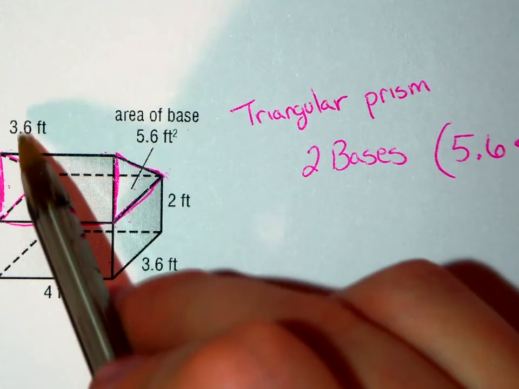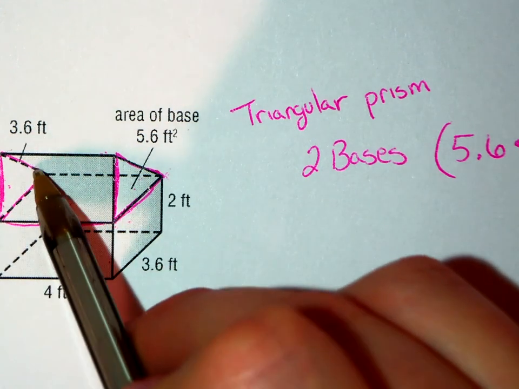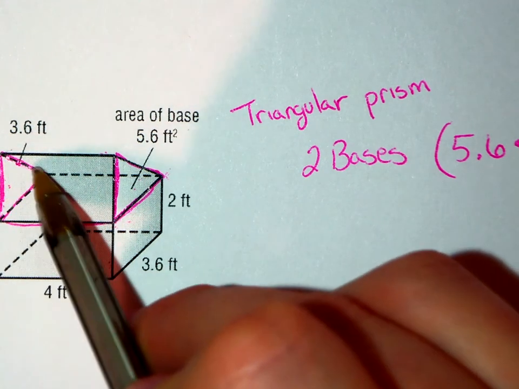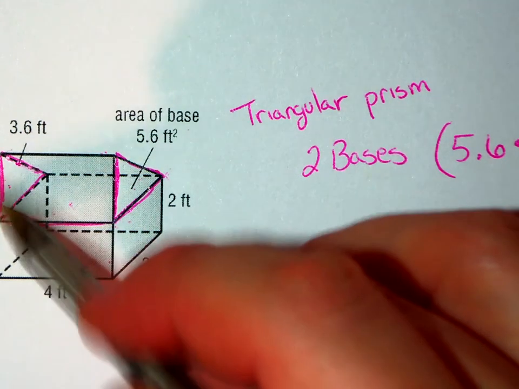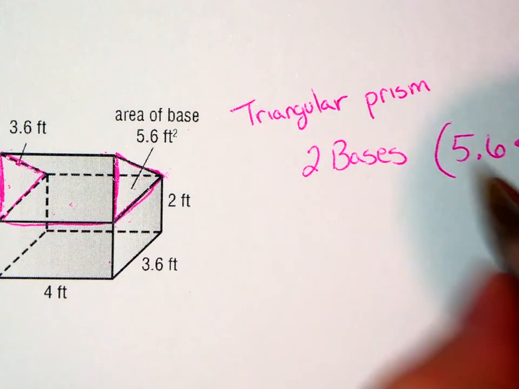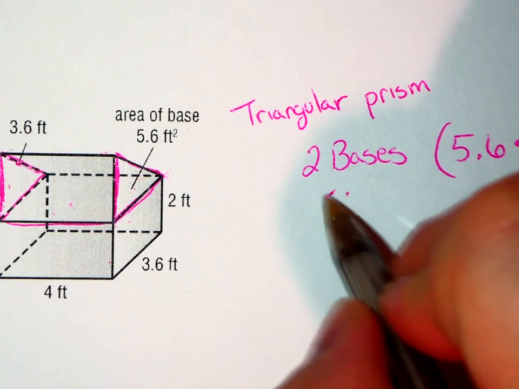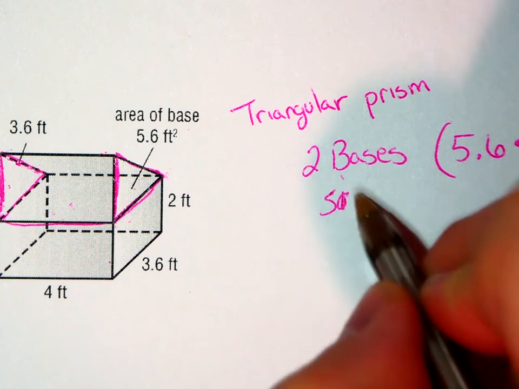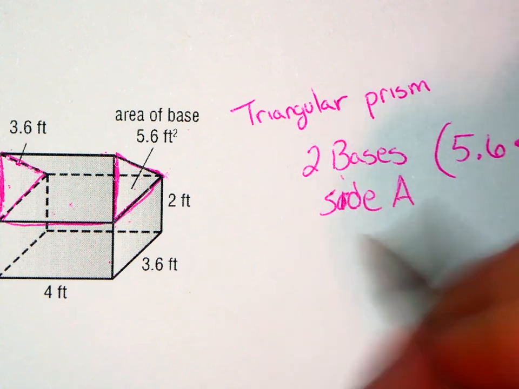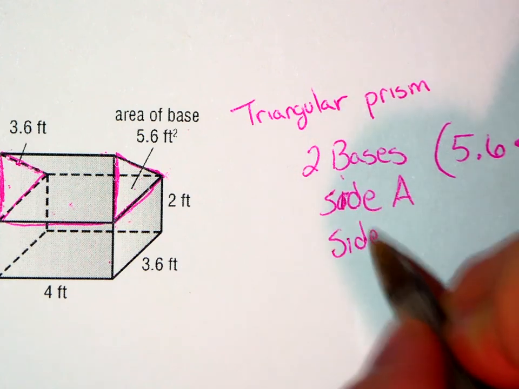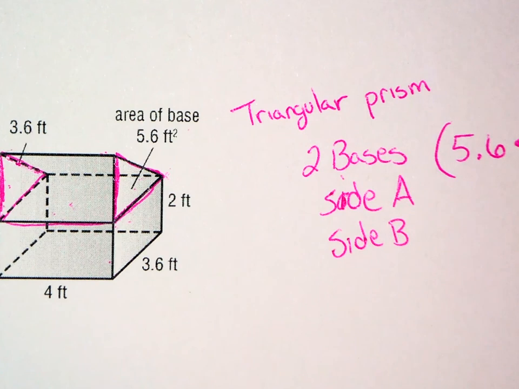So, my indicators here tell me that this length of the pitch is 3.6 feet, and this length is 3.6 feet. So I'm going to have a side A and a side B on my triangular prism.